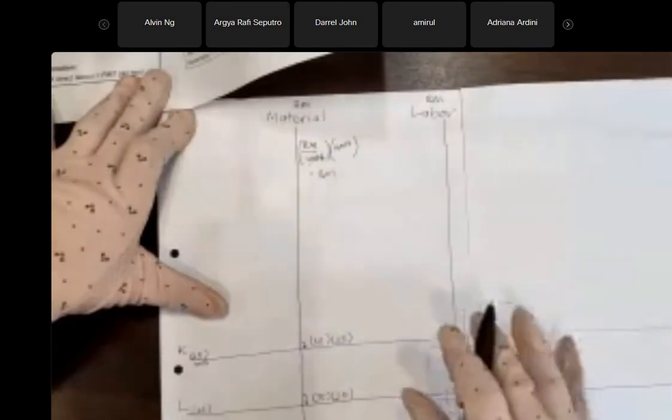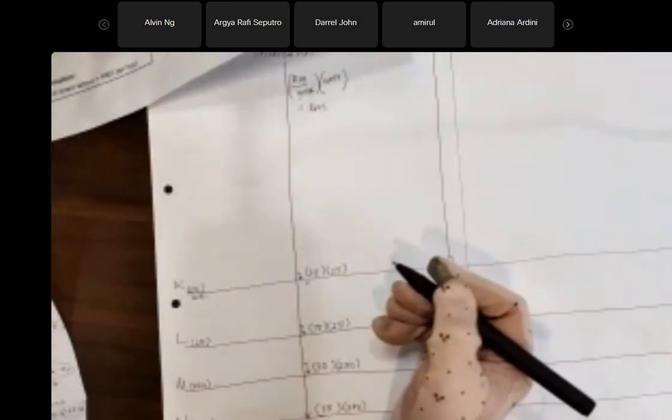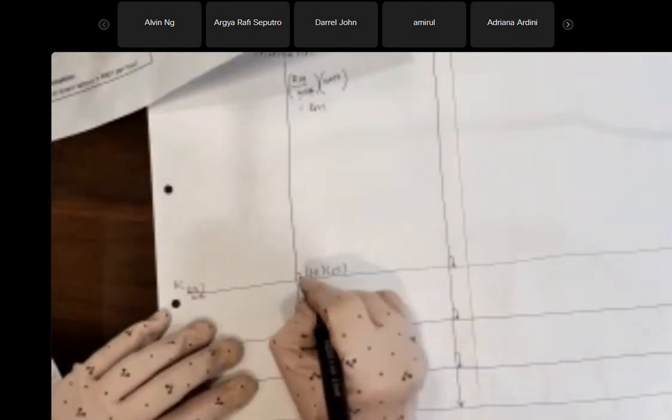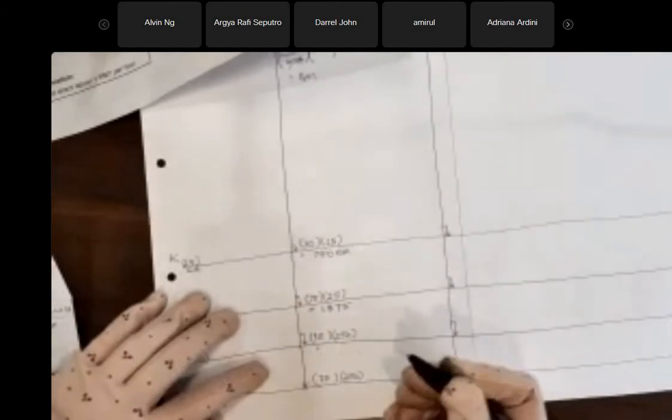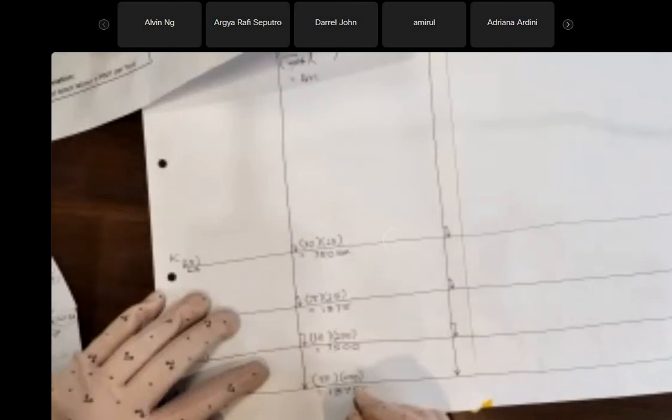Now just calculate. You get 750, 1,875, 7,500, 18,750. All are now in RM. Complete, settled for material.